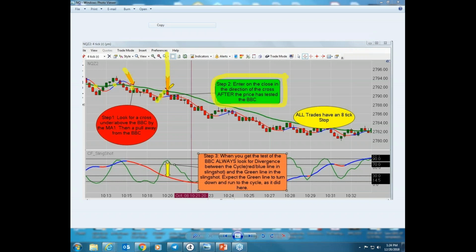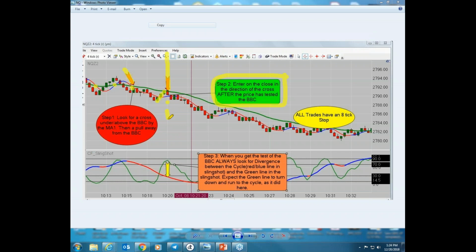We define the trend as being down by that bearish cross, and the MA1 is red. We're looking for a red candle. So that is step number 2: the market gravitates toward the green line, touches it, and then closes in the direction of the trend.